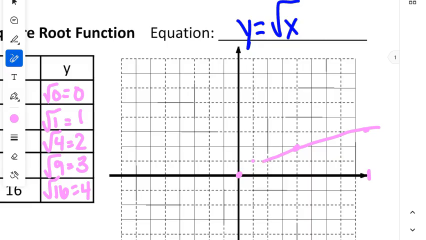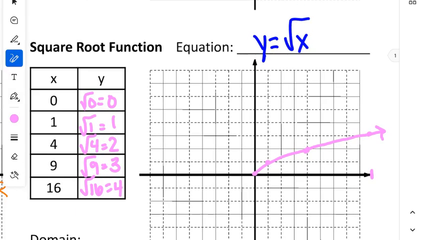Kinda. I don't like that. Let's do this. Nope. There we go. Kind of weird. Weird looking one. Okay, so this is, let's go left and right.